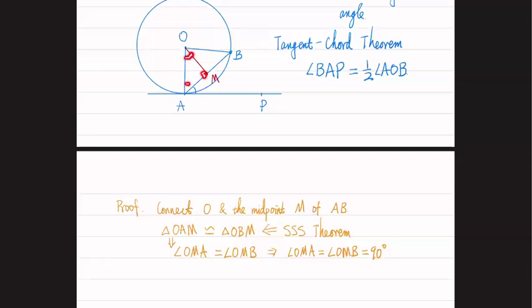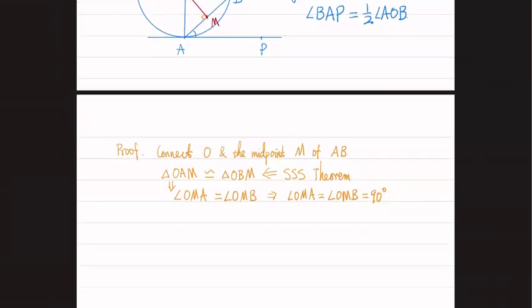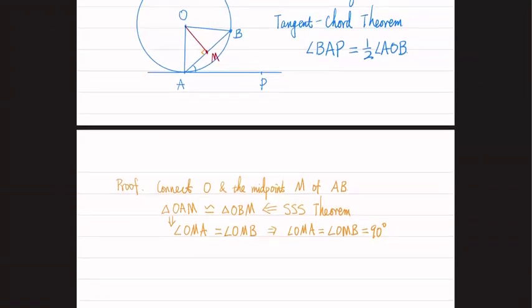Then the summation of these two angles, OAM and AOM, is also 90 degrees. Why? What theorem did we apply for this one?